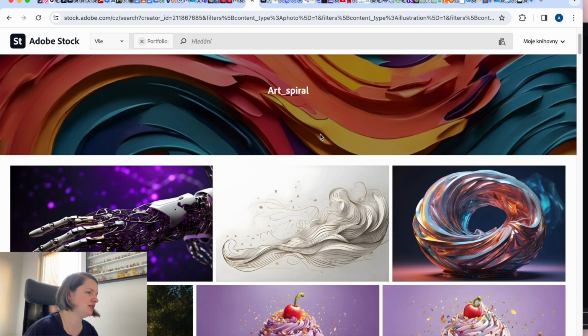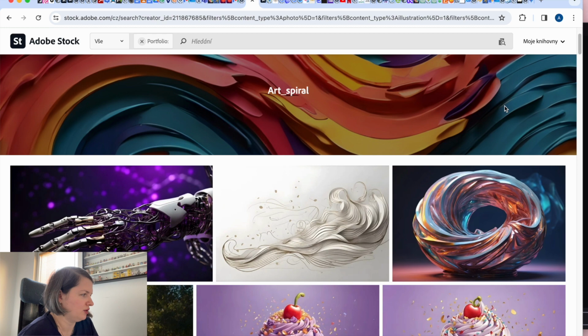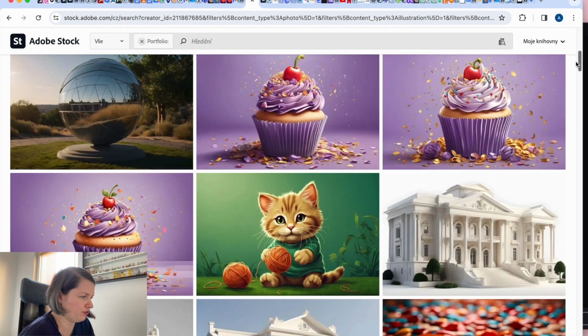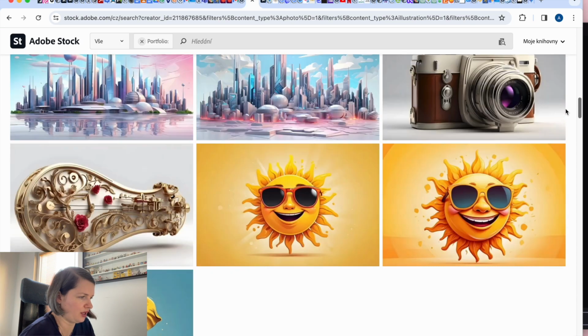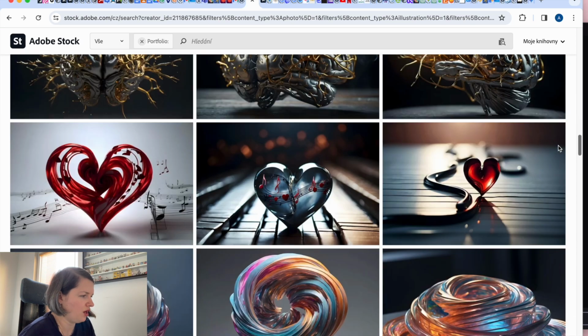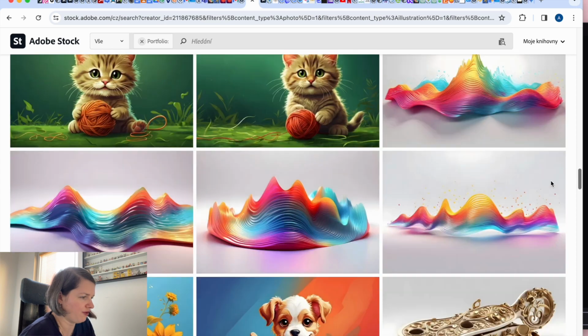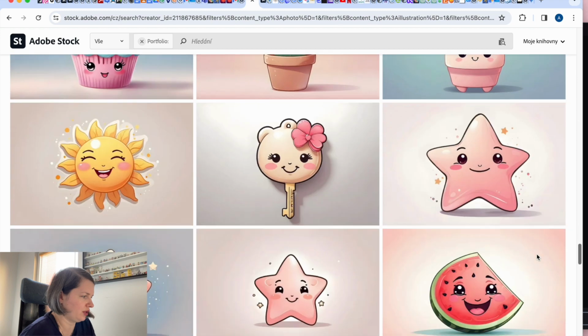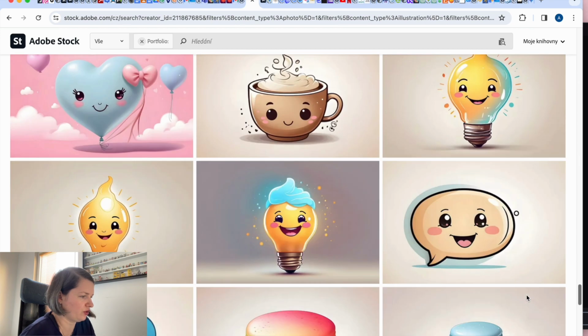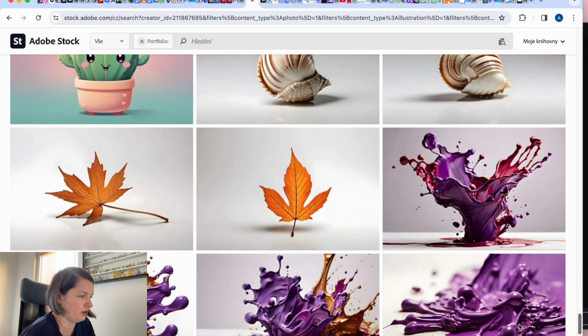Yep, so this is the portfolio. I'm just gonna scroll through the first page so that you get a rough idea of what we have here. From the first glimpse, I can see that a lot of images are illustrations.